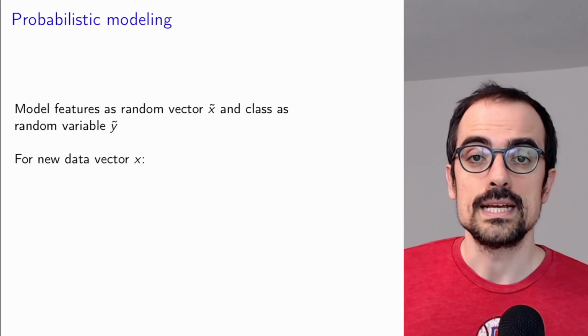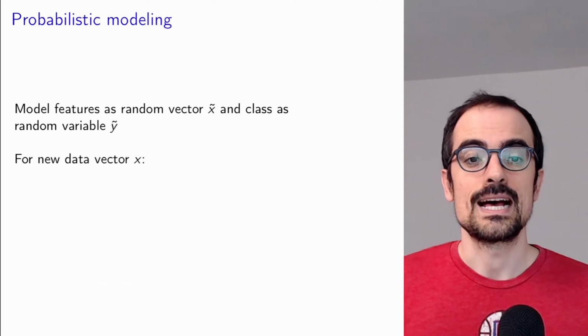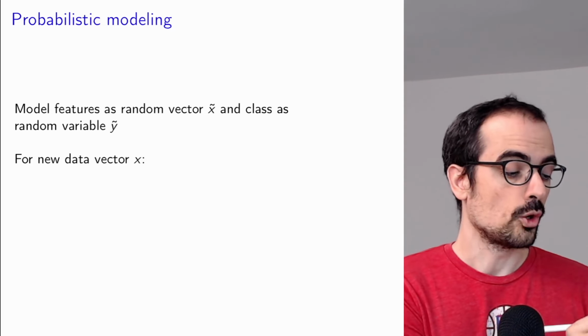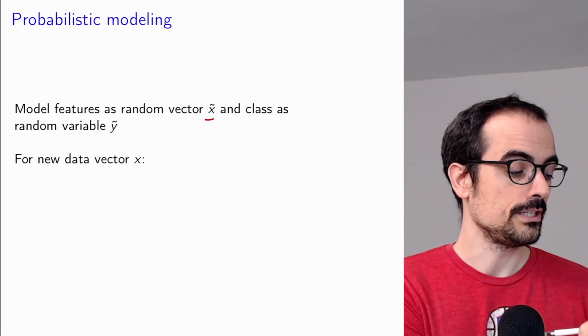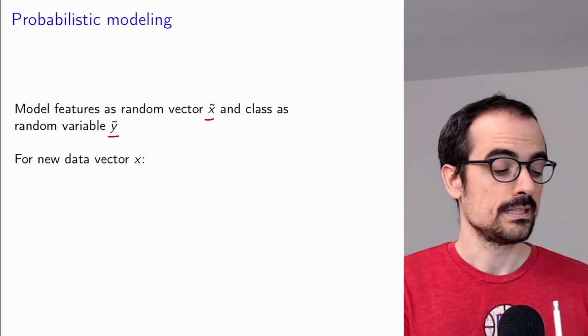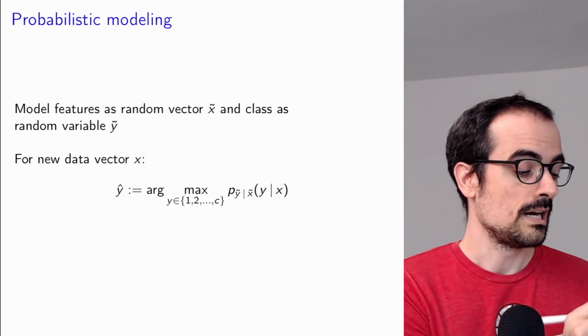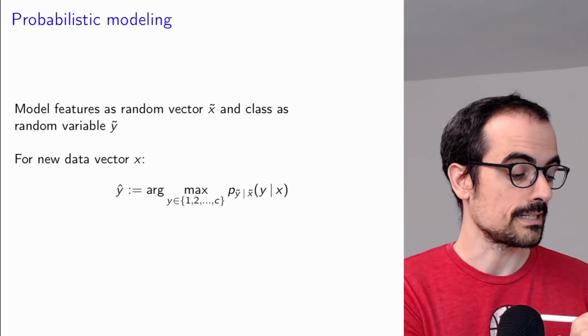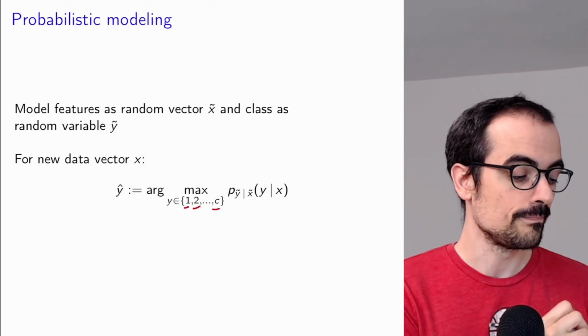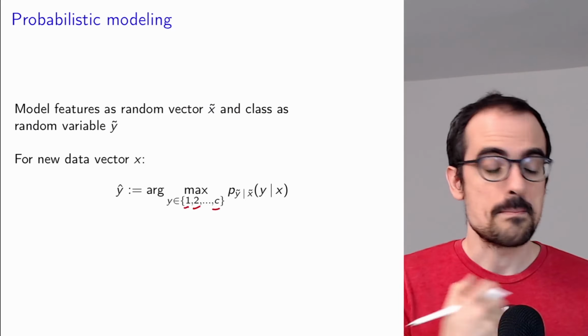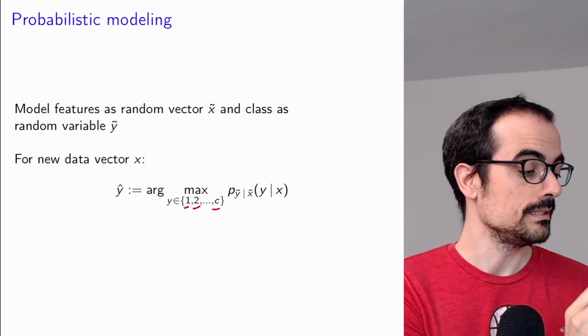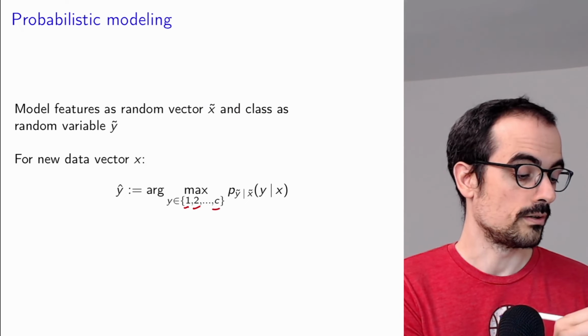So if we have a new data vector x, and we know the joint distribution of the features and the random variable, then a very reasonable way of estimating the class is just saying, well, among all of the possible classes, let's say that we have C classes here, which of them maximizes the probability of that class given the observed x.